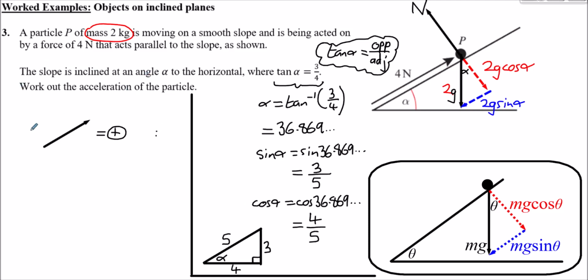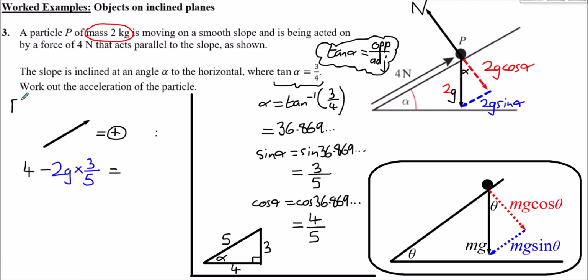Back to the question at hand, the acceleration of this particle. So we took up to be positive, so going up the slope is this 4 Newton force. Going in the negative direction, going down the slope, is this component of the weight, 2g sine alpha. I now know what sine alpha is though, so that's 2g, sine alpha is 3/5, so you can just substitute that in.